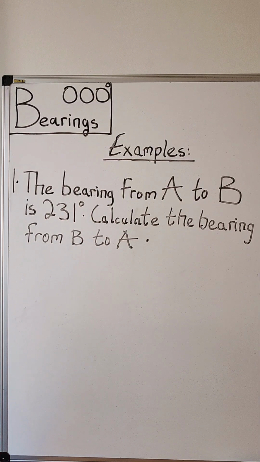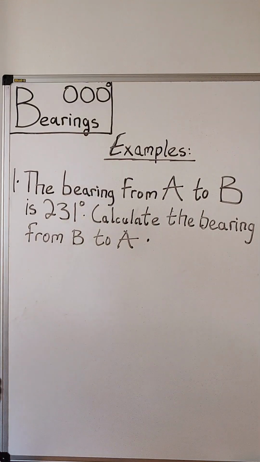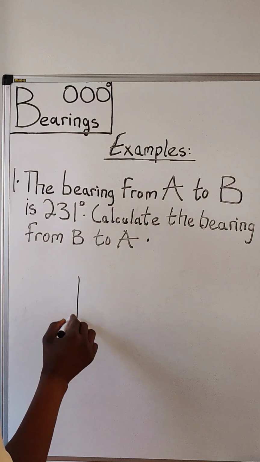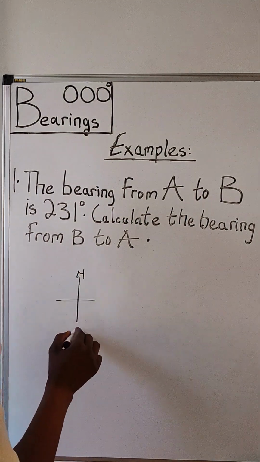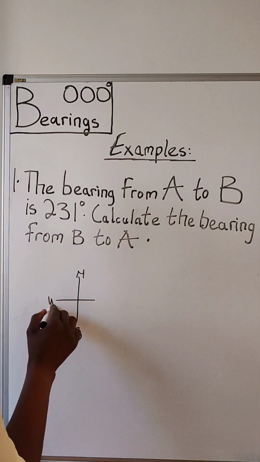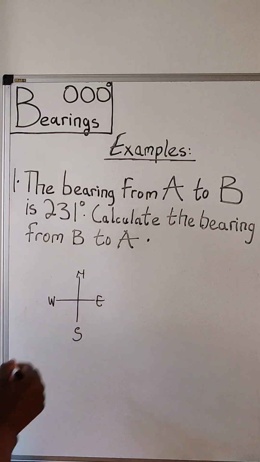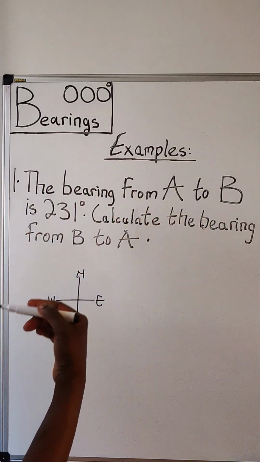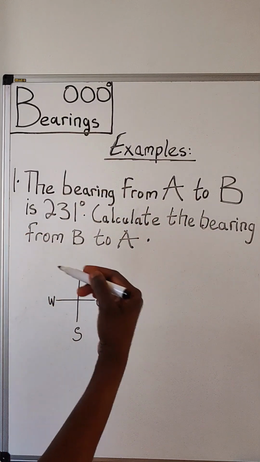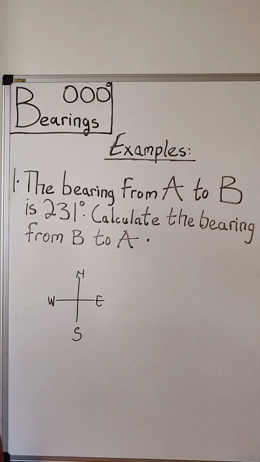So I'll start by sketching how it should be before the calculation. I'll draw the four cardinal points: the north, south, west, east. The bearing from A to B is 231 degrees.